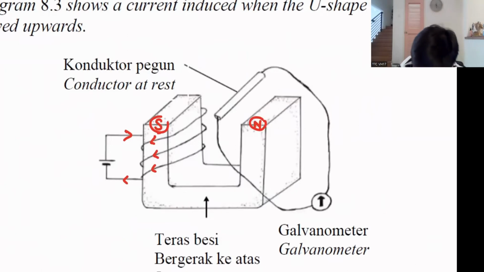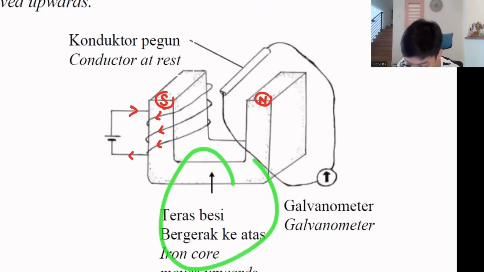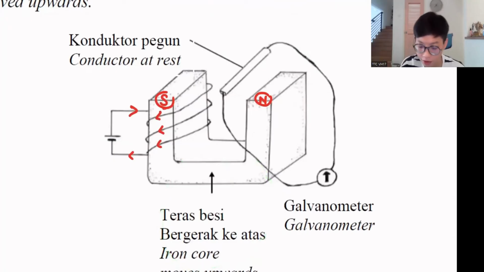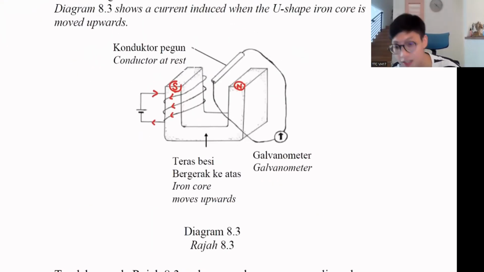So if now my conductor is at rest, and this iron core moves up, where will my current be? This question is very, very weird, but it's special.